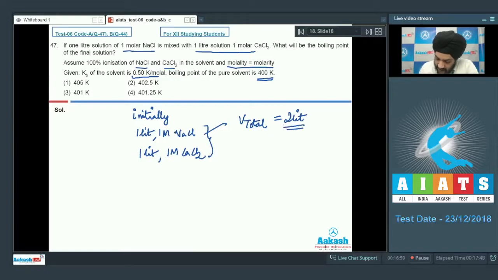So the concentration will be equal to half times this value. So we have C of NaCl is equal to 0.5 molar and C of CaCl2 is equal to 0.5 molar as well.